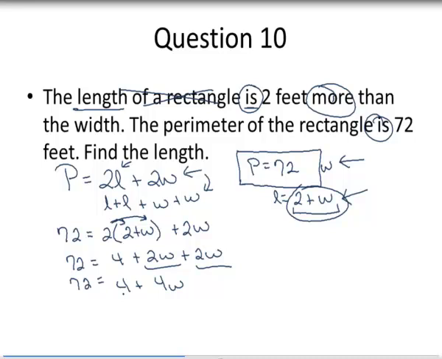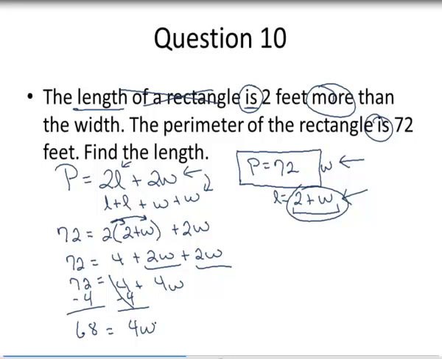You're going to subtract. You need to get the W by itself, so we're going to subtract the 4. Subtract 4 from both sides, and we end up with, what's 72 minus 4? 68 equals 4W.